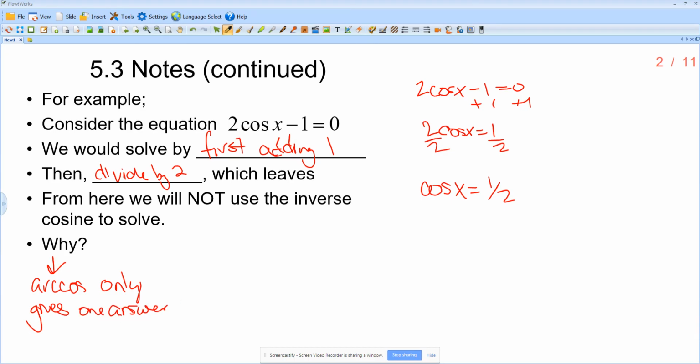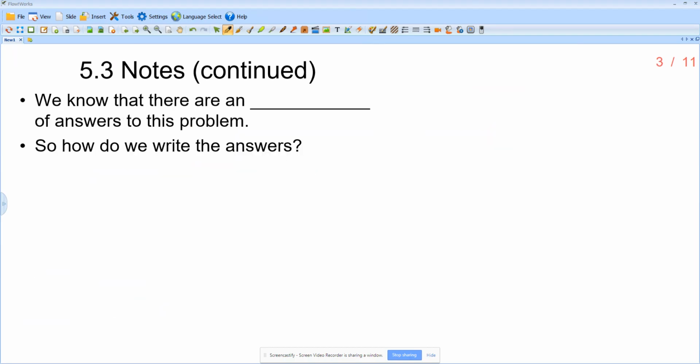And when I talk about cosine x being equal to 1/2, there's not just one answer to this. In fact, what we know is that there are an infinite number of answers to this problem. So what we want to talk about is how we write the answers to this.